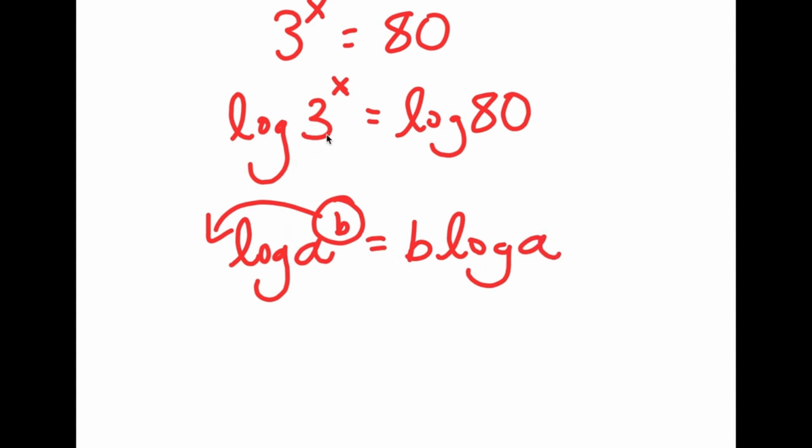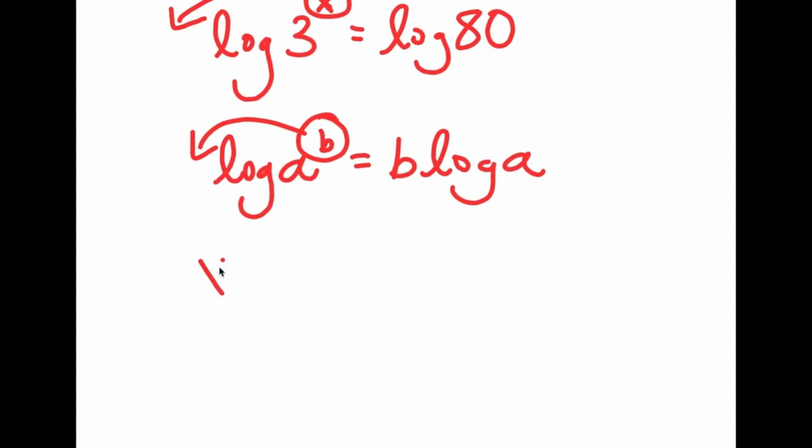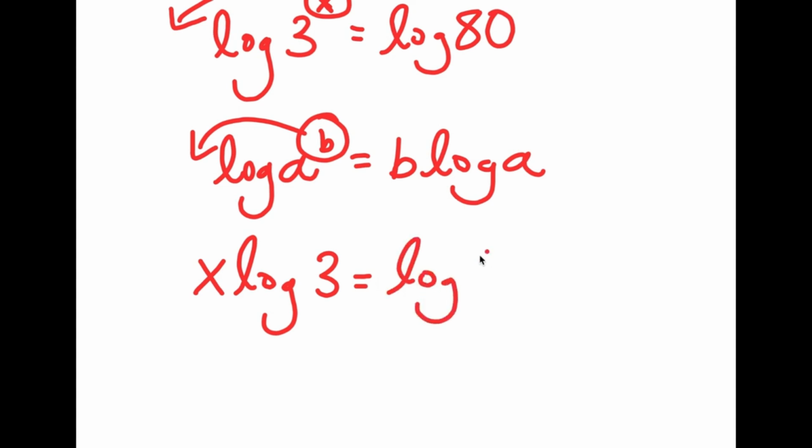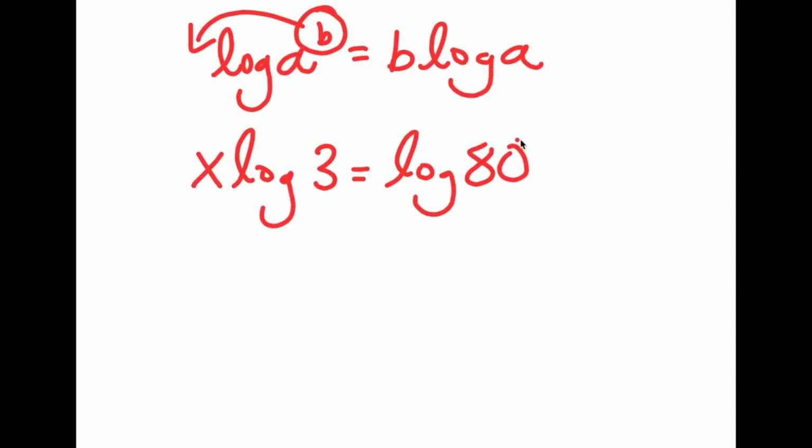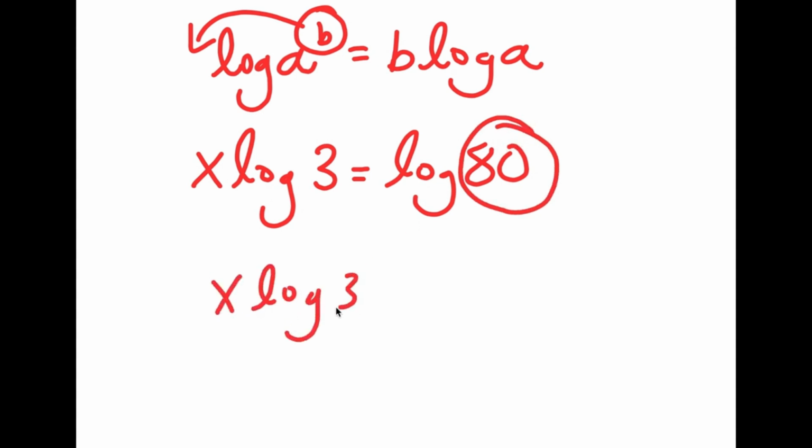So in this case, I have log 3 to the power of x, and I can move x to the front. So now I have x times log 3 is equal to log 80. Now from here, I'm going to rewrite 80 as 8 times 10.